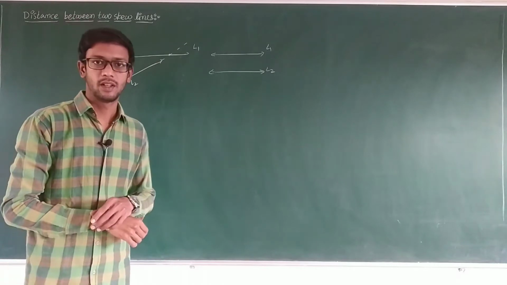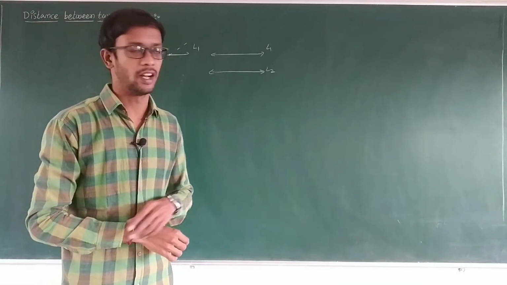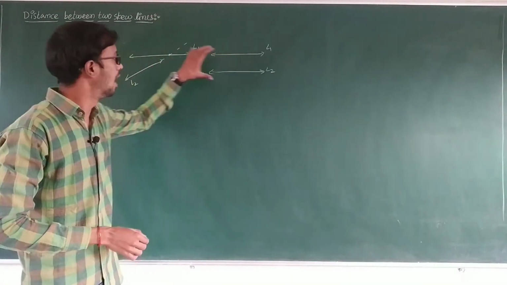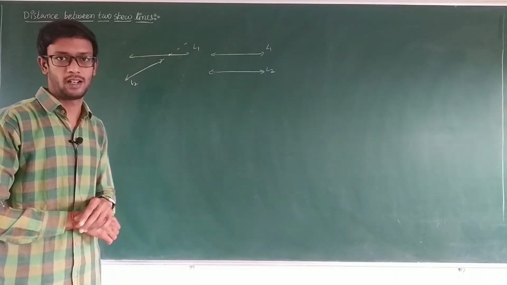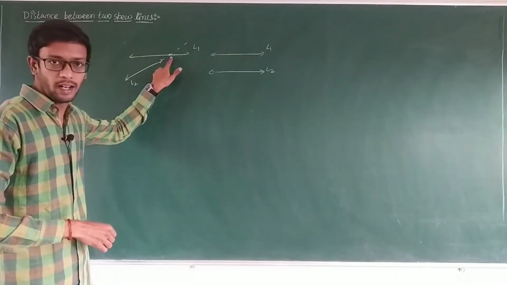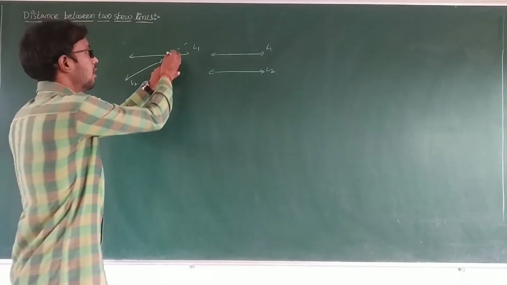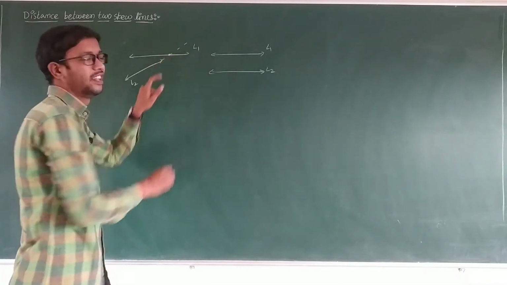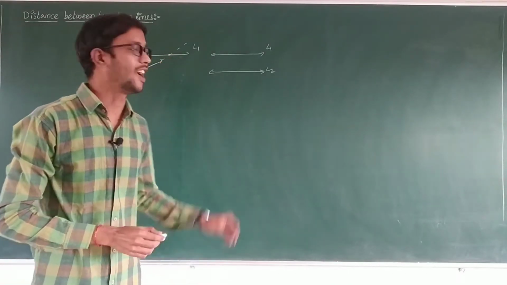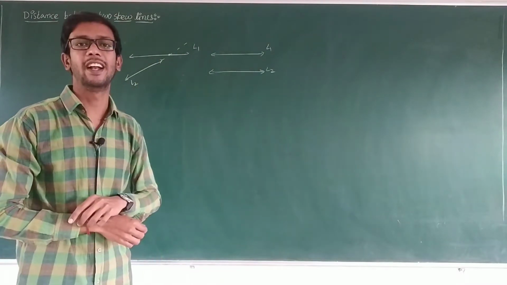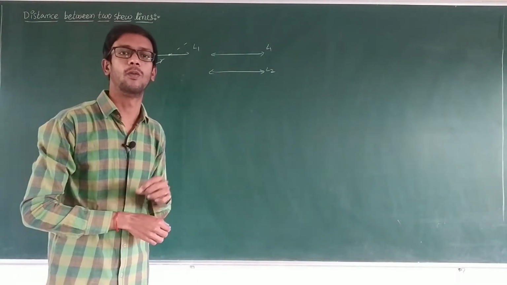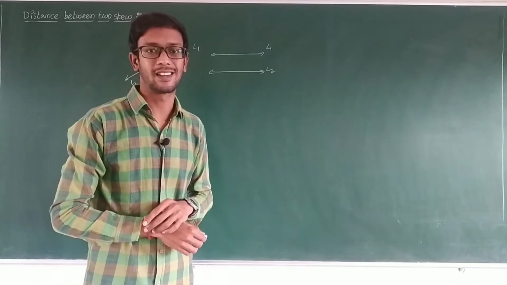In 2D space, you will get only these two types: the two lines are parallel, otherwise the two lines intersect. If they intersect, the shortest distance is 0. The shortest distance between L1 and L2 is 0 when two lines intersect.